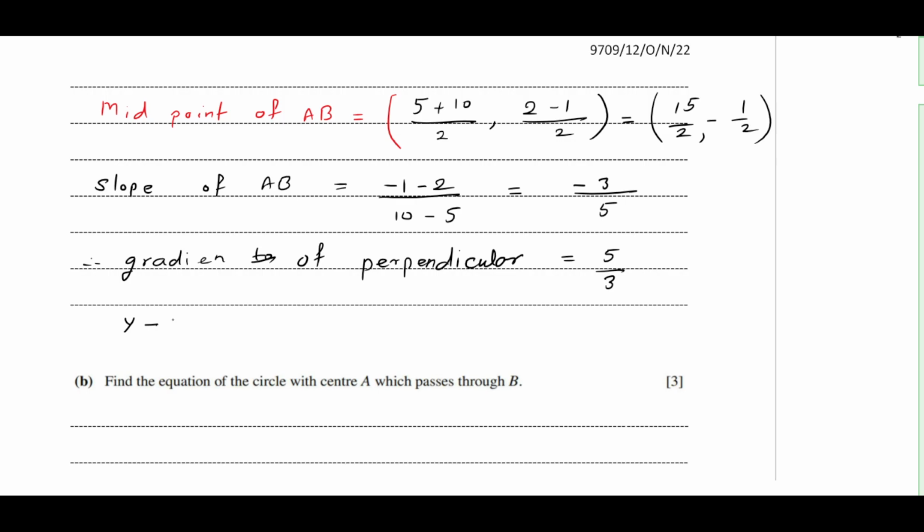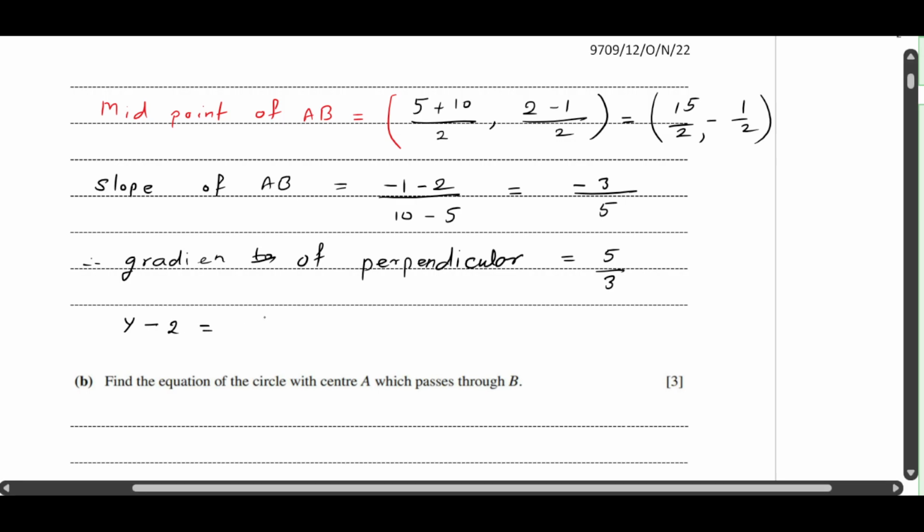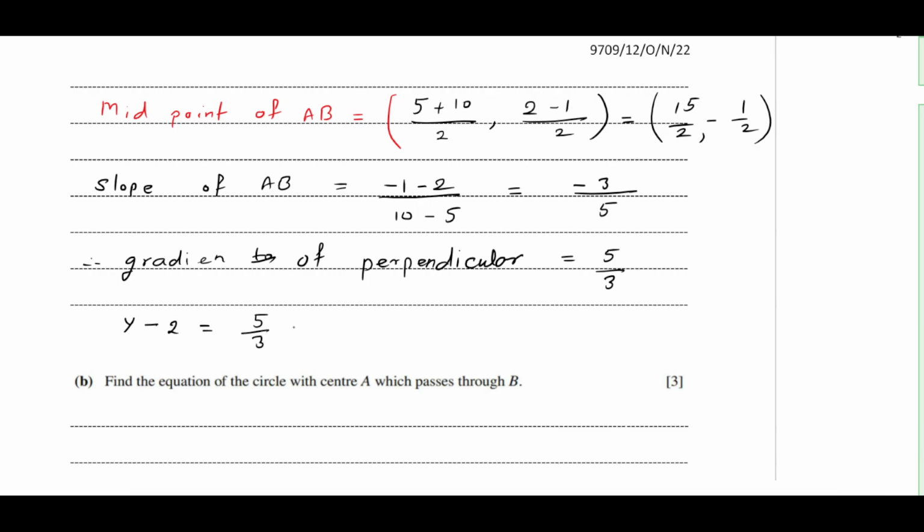So it is y minus 2 is equal to m, where m is 5 divided by 3, times (x minus 5). 3 will come on this side. So it will be 3y minus 6 is equal to 5x minus 25.